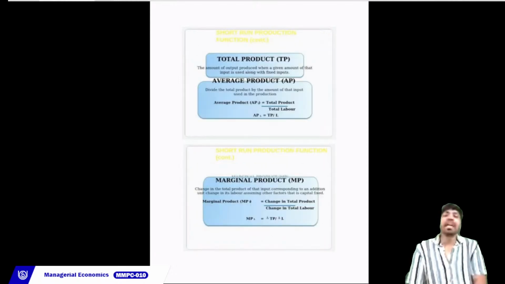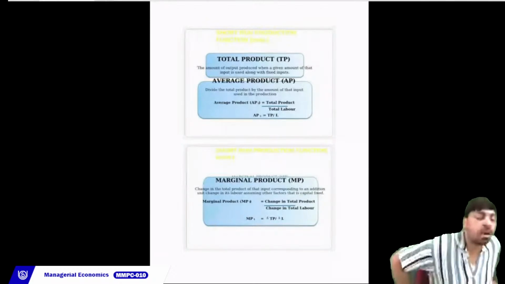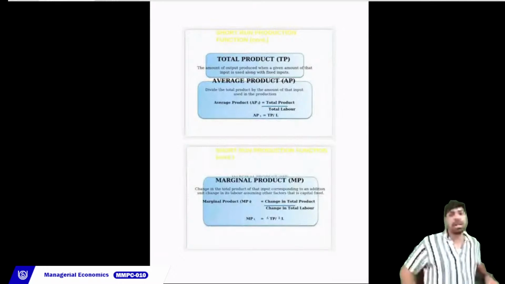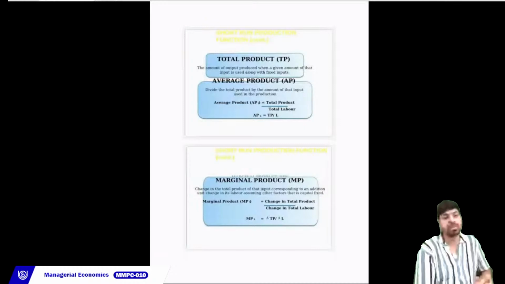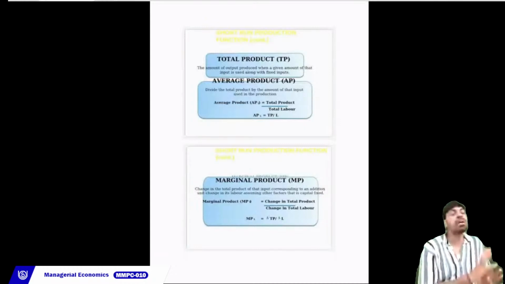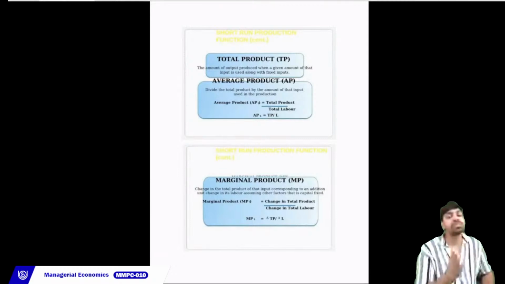So there are three main concepts under the production function, or the process of production: total product, average product, and marginal product. Total product is the total amount of output produced with a given level of inputs used along with fixed inputs. As I already said, fixed inputs are not always fixed.